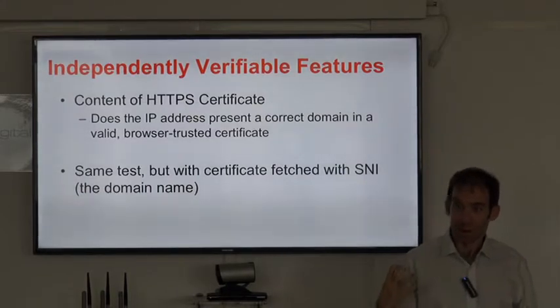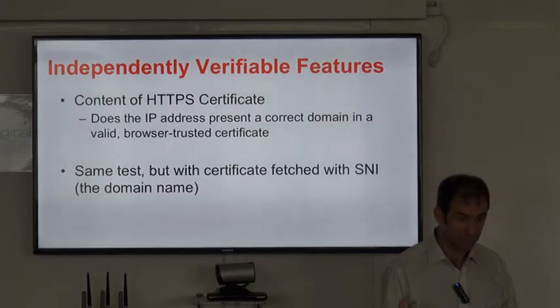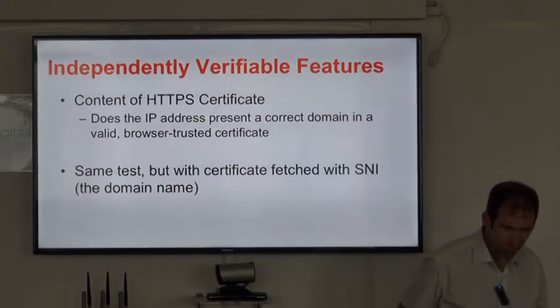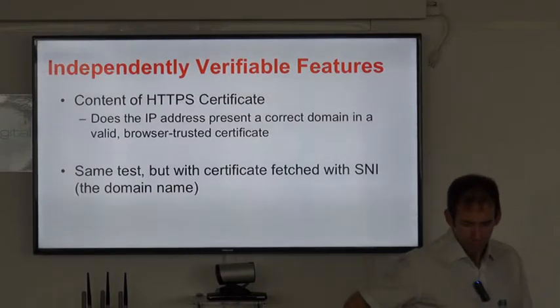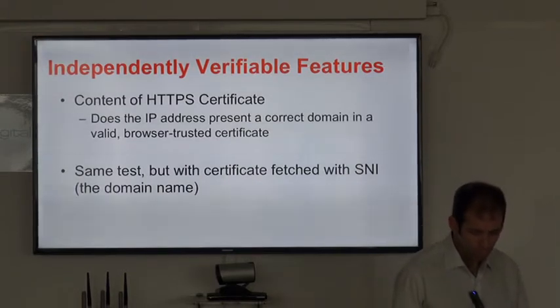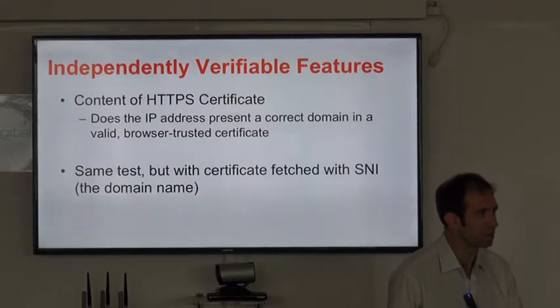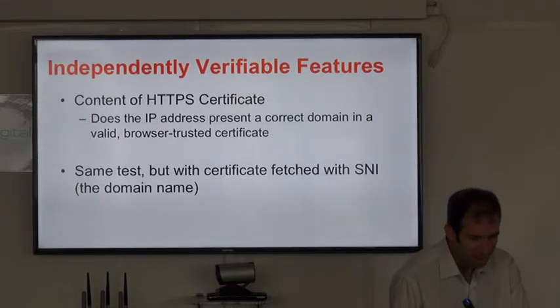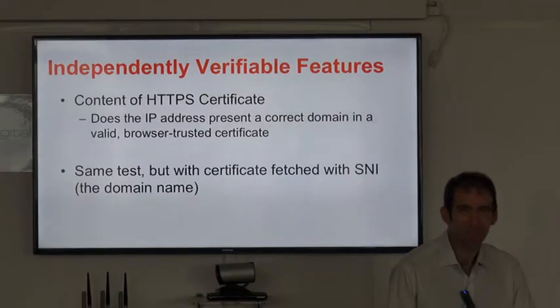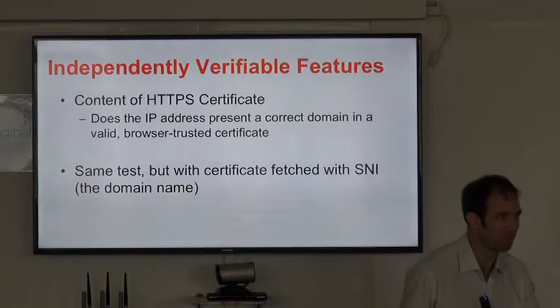And is it signed by a certificate that the browser actually trusts? Okay, and there are different ways you can do that. Interestingly, for those of you who've looked at TLS and HTTP certificates in the ecosystem, as it turns out, consistency is a better metric than this one because many people screw up the configuration of HTTPS.